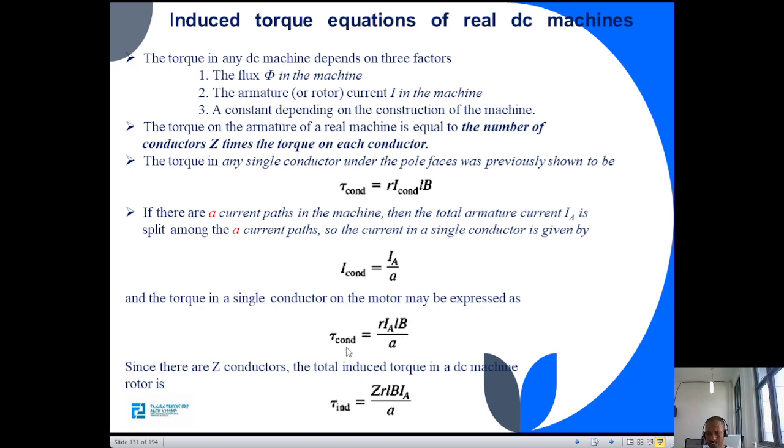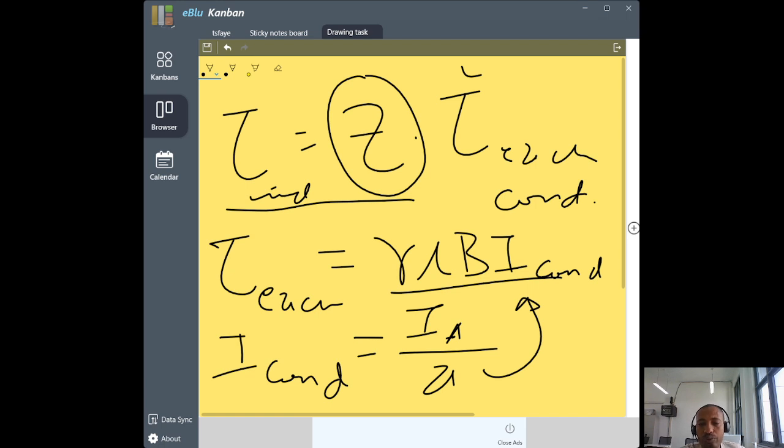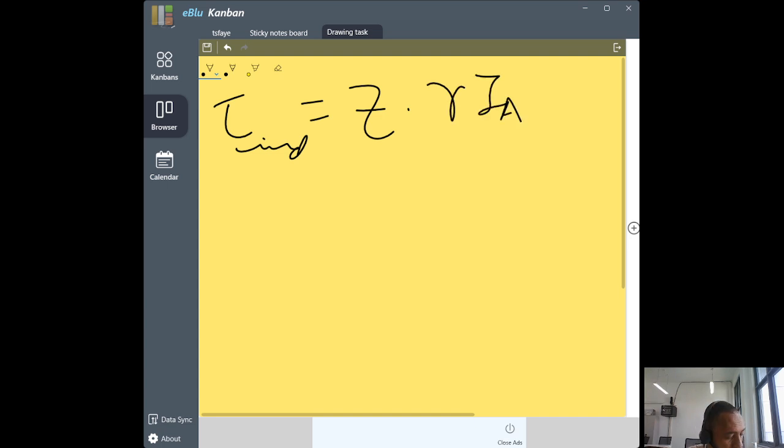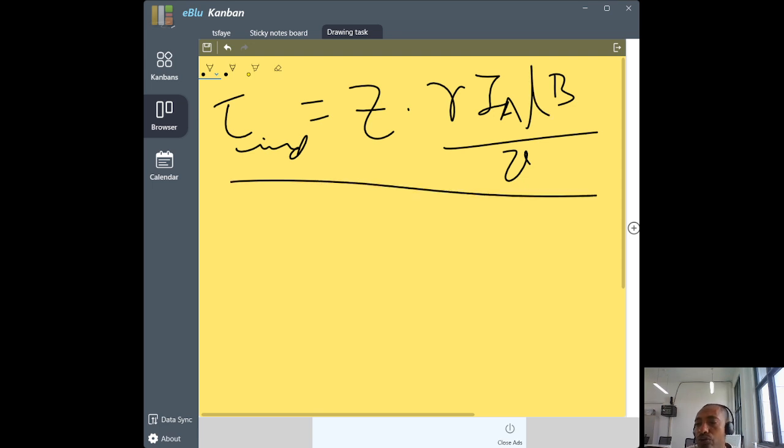If you put I conductor is I_A by A, and Z is obviously the total number of conductors, then the torque induced in our machine is going to be Z R L B I_A by A. Therefore our induced torque in our machine is going to be Z times the torque on each conductor, which is R L B I_A divided by A, where L is the length of the conductor. So this is the overall induced torque in our machine.